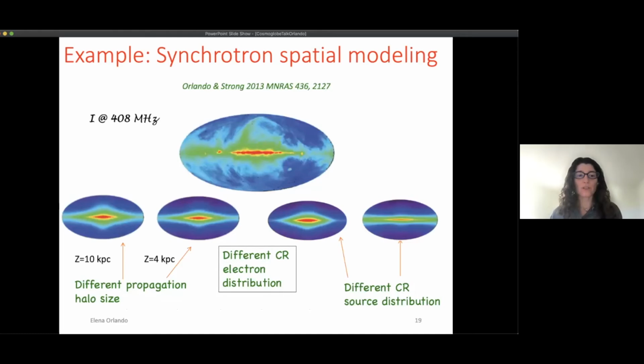I report here some examples of the synchrotron modeling for different cosmic ray electron distributions that you see here at the bottom: various propagation halo sizes on the left, and different cosmic ray source distributions on the right, compared with the 408 megahertz map.